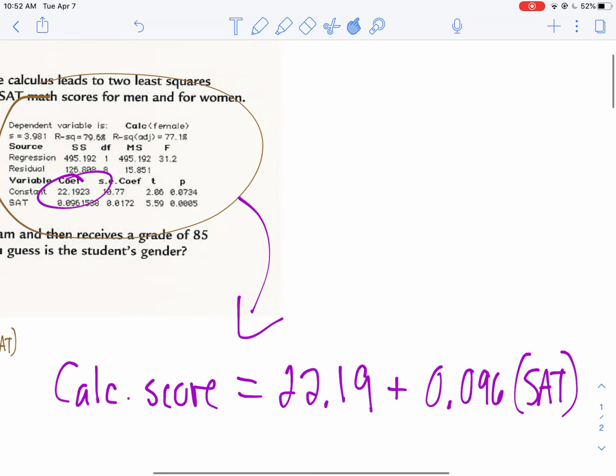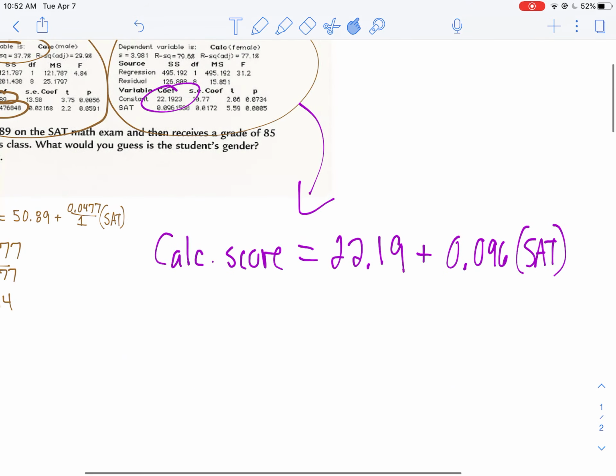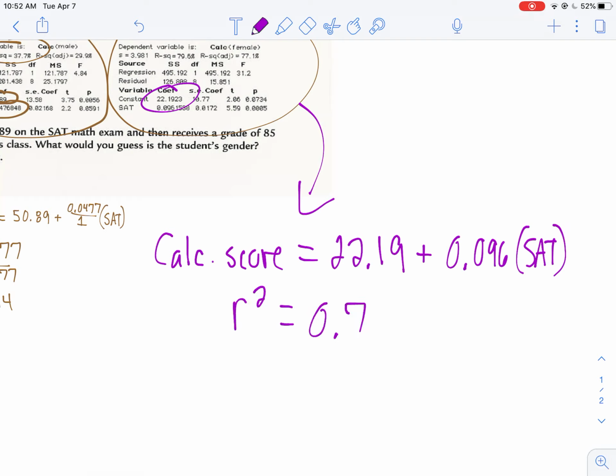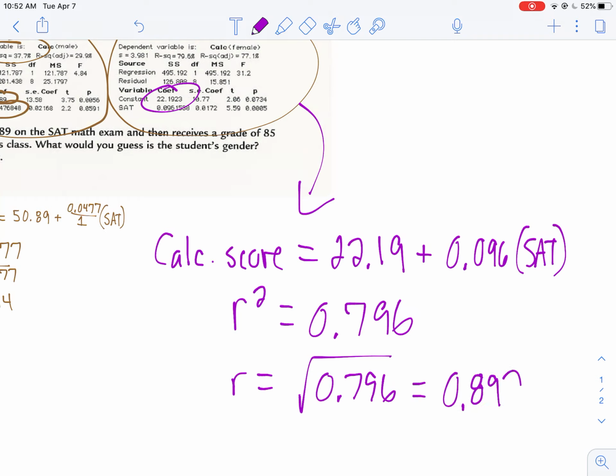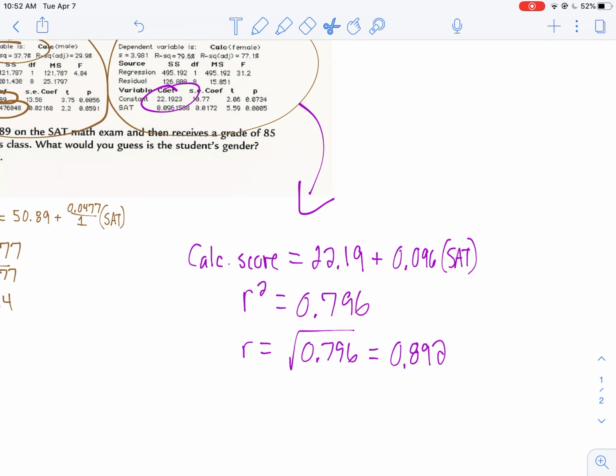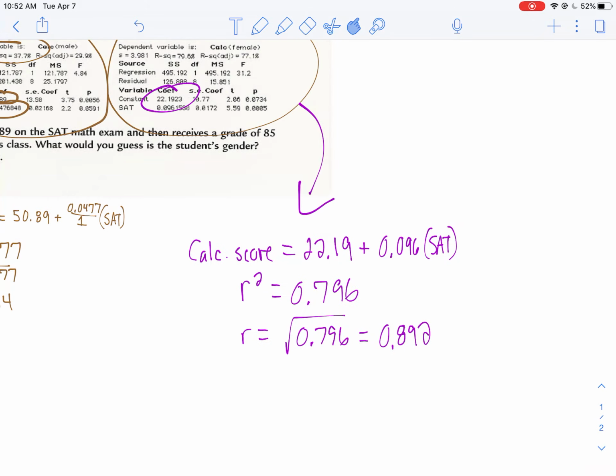And I'm going to take a look at my r squared. I got an r squared of 0.796. So I'm going to figure out my r value to tell me just how strong this correlation is. The square root of 0.796, I get 0.892. That's pretty darn strong. It's stronger than what we noticed for the males, and that's something we're going to want to remember down the road.